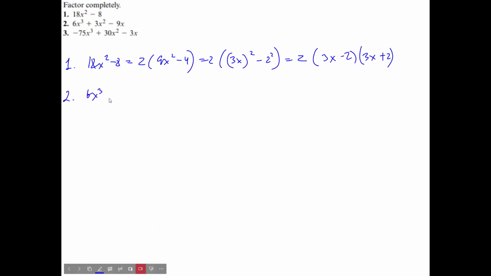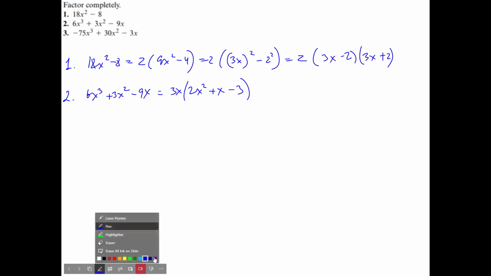6x cubed plus 3x squared minus 9x. So 3x I can take easily outside. What I have, 2x squared plus x minus 3. Yes? Now I work separately.